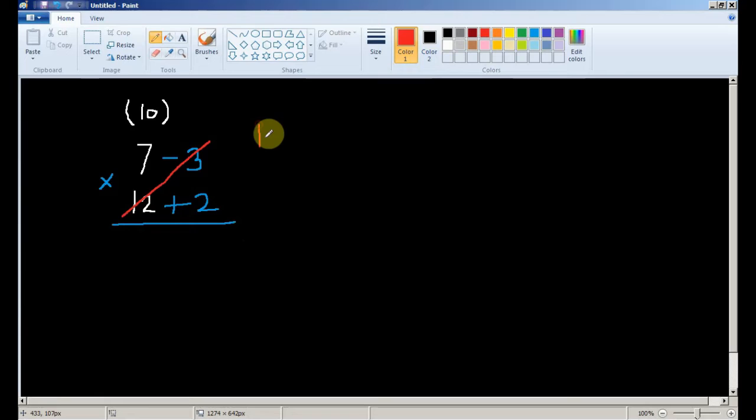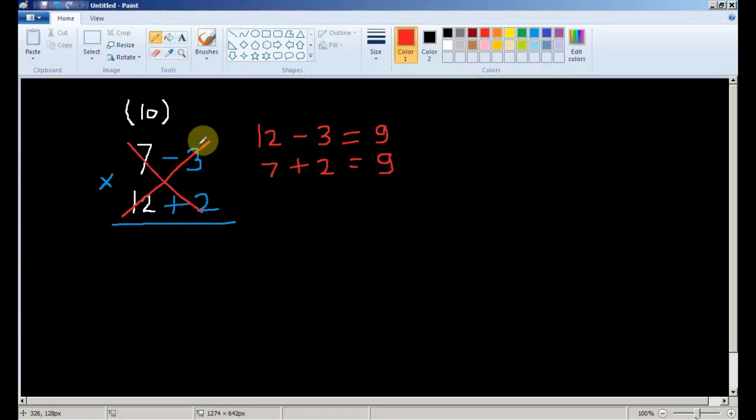So it will be 12 minus 3, which is going to be 9. If you don't want to do that, you can do it this way, with the +2. So 7 plus 2 is going to give me the same answer, 9.